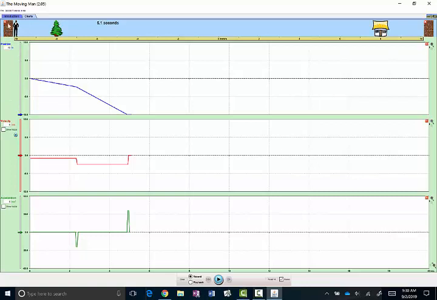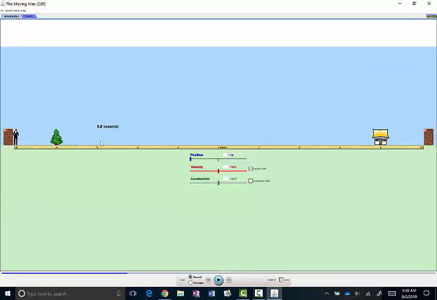Okay, then we're supposed to go back to the introduction tab, and I'm going to reset all, get back to where we were at the beginning. Then I'm supposed to type in an acceleration of 2, and then I'm supposed to push play.